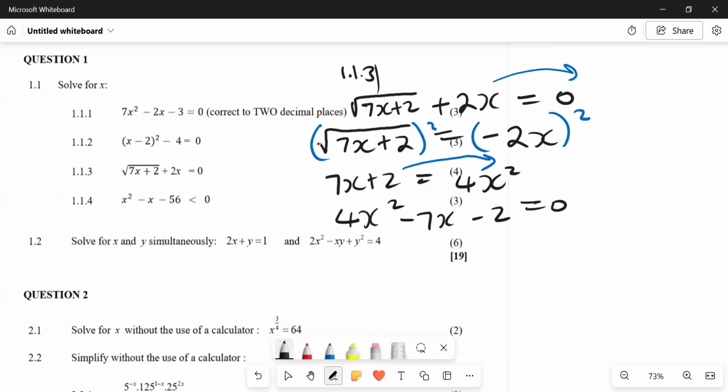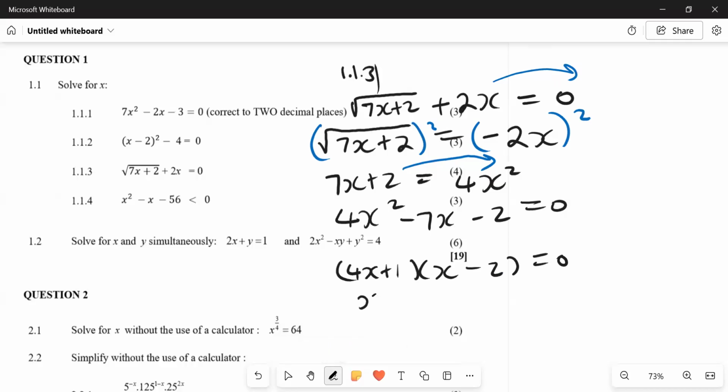Now factorize. So this is 4x plus 1 and then x minus 2. Therefore, x equals negative 1 over 4, or x equals 2.